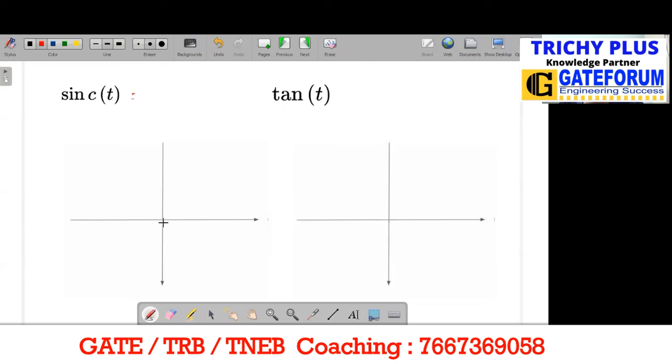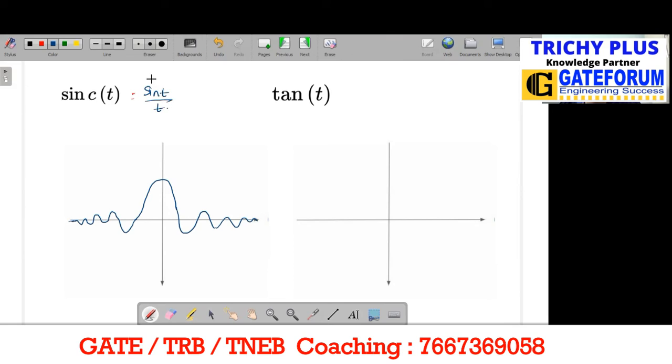Basically, sinc of t will look something like this. At 0, you will see a maximum. As time goes on, the signal amplitude keeps reducing and it reaches 0. This is sinc of t, which is nothing but sin t by t.